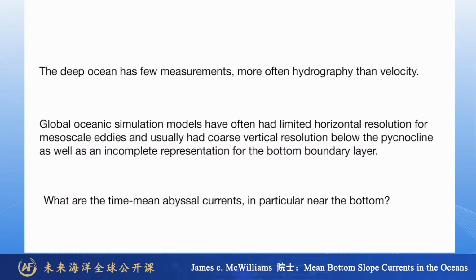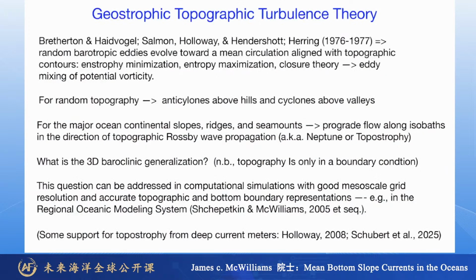The starting point for this story is called topographic turbulence theory, and it had a marvelous year of simultaneous discovery by three different groups listed here. Although they gave very different interpretations, they all came up with the same result, that random barotropic eddies above random topography evolve towards a mean circulation aligned with topographic contours.